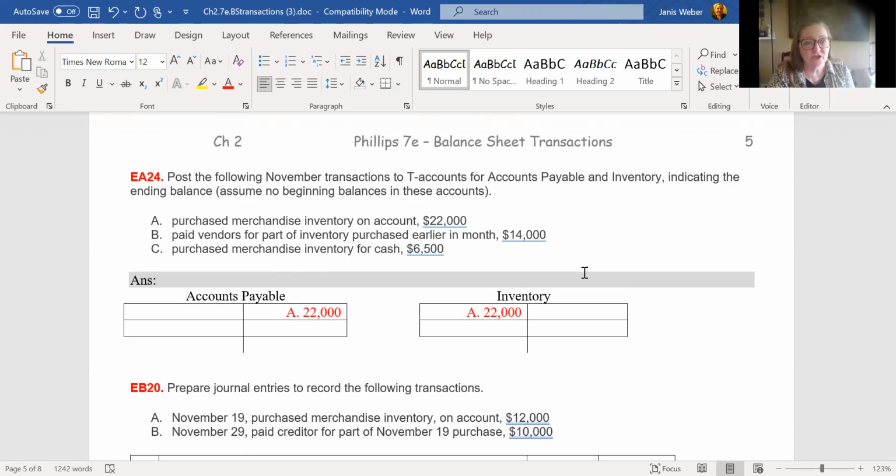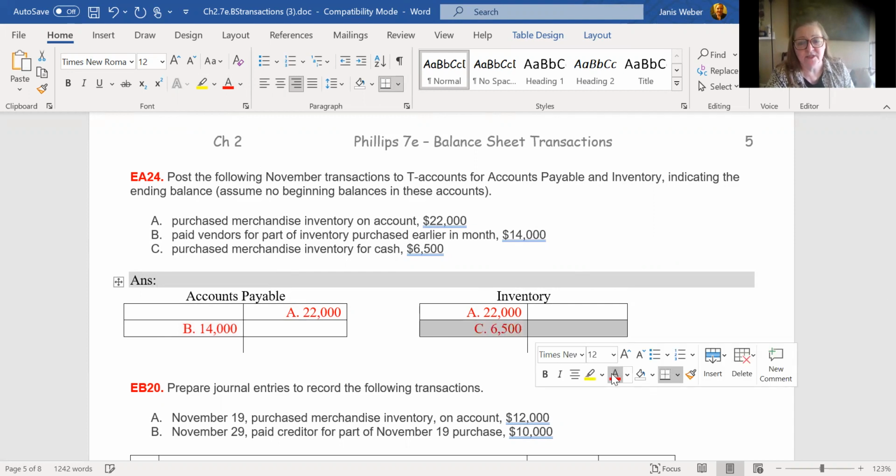And then the B transaction, we paid the vendors for part of the inventory we purchased earlier in the month, $14,000. So we don't record the inventory again. We just record the payment we made. So we reduce the accounts payable, that's the B transaction. And then the C transaction, we purchased merchandise inventory for cash, $6,500.